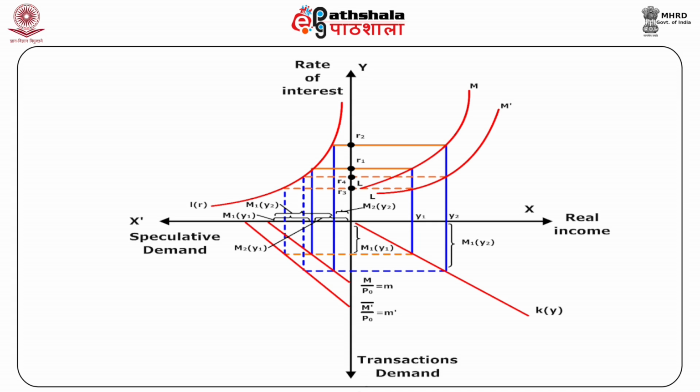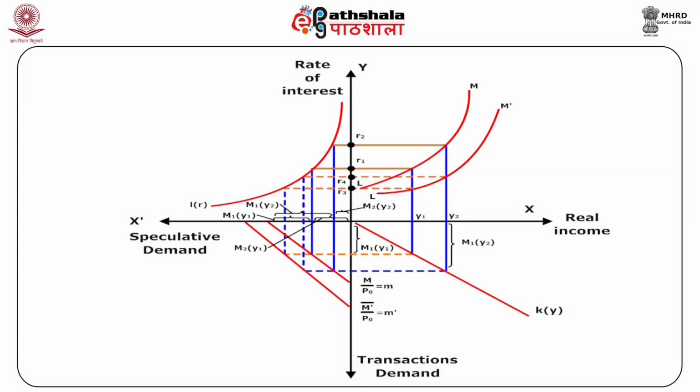So M1 (Y2) gives you a larger money demand due to transaction purposes. But because the money supply is the same, and because equilibrium implies that money supply has to be equal to money demand, therefore M1 being larger, M2 has to be smaller. M2 can be smaller only if the rate of interest is higher.